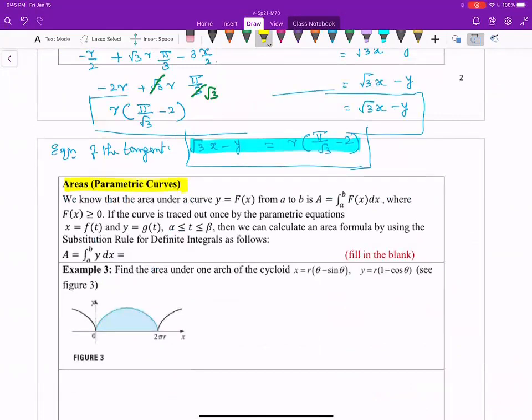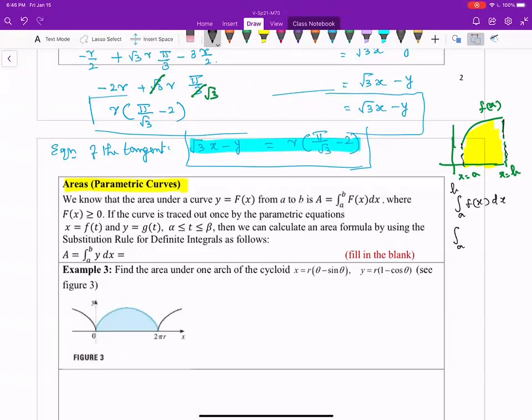Before we get into this concept, from Calc 1 class, you know that if you have a curve f of x, bounded by the lines x equal to a and x equal to b, then the area under this curve is given by the definite integral from a to b of f(x) dx.